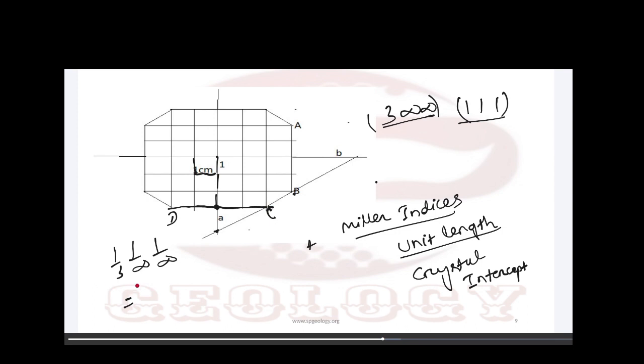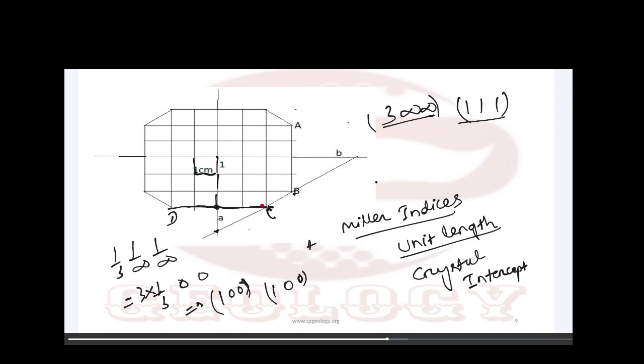So we can multiply 3 into 1 by 3. So 1 by infinity will be 0. So 3 into 0 is 0, then 0. So it will be 1, 0, 0. It is represented as 1, 0, 0. Understood? So the symbol of the CD face, what we represent, that is 1, 0, 0.